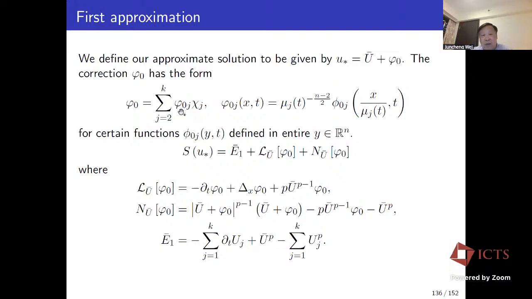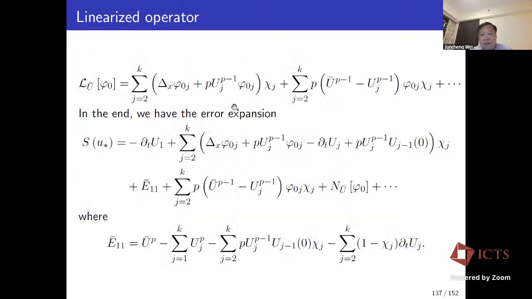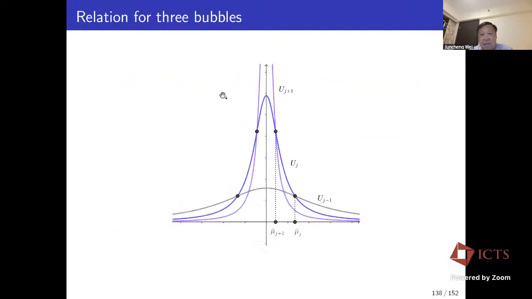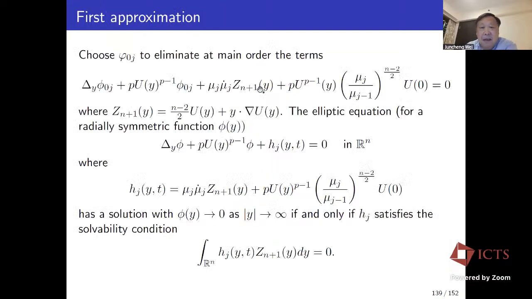So we have to take care of the eigenless region. This is the linearized operator, and this is the bubble tower. This is the first one, which is order 1, and then for the rest, this height gets larger and larger. And so how do you get this blow-up rate?